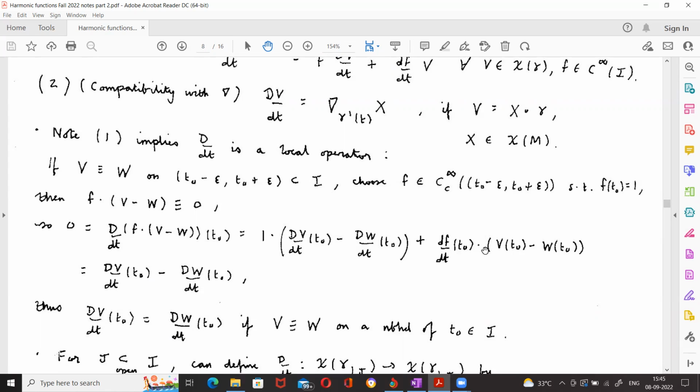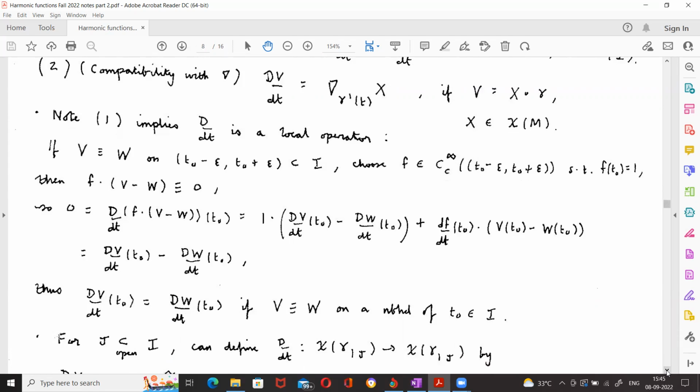So this becomes just DV/dt at t naught minus DW/dt at t naught. Therefore DV/dt at t naught is equal to DW/dt at t naught if V is equal to W on a neighborhood of t naught. So just like we did for nabla, similarly we can localize D sub dt, the covariant derivative along a curve.